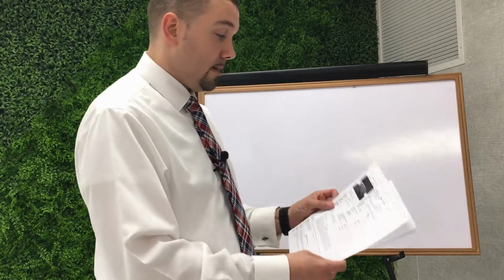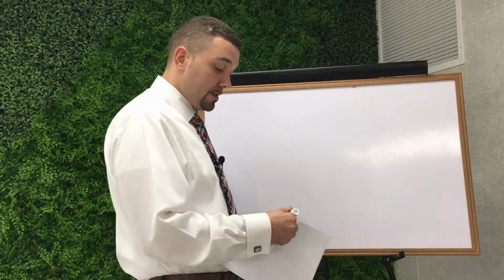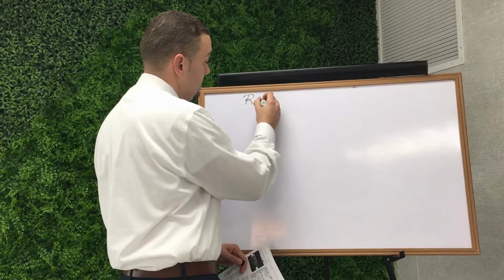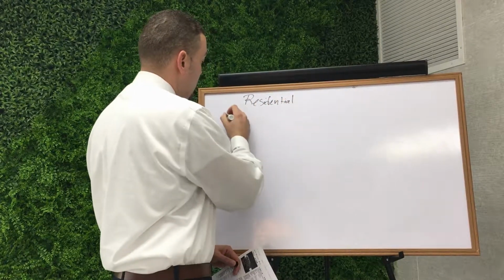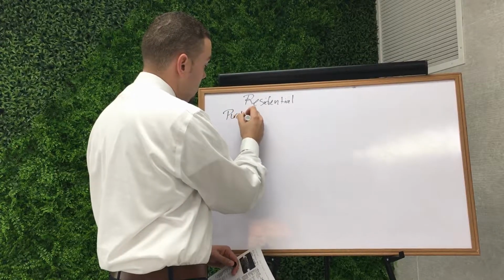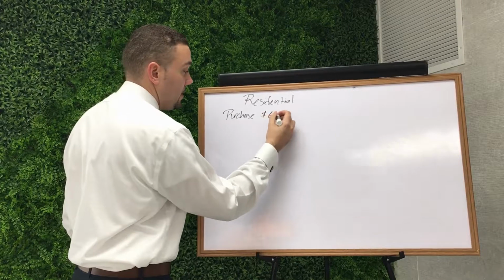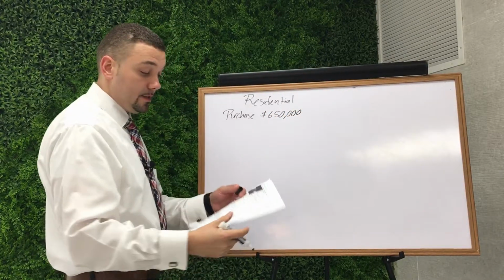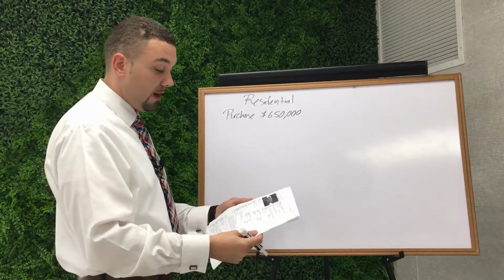So for this example, again, our purchase price is going to be $650,000. So I'm just going to write here residential. Purchase is 650,000. And again, if you saw the cheat sheet, I already did the numbers, but you could double check my math if you want.